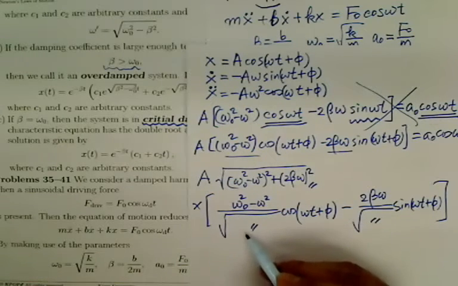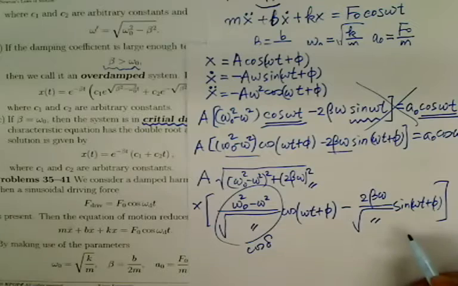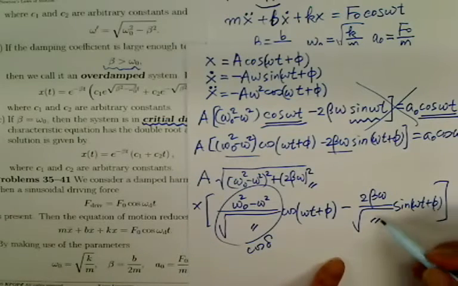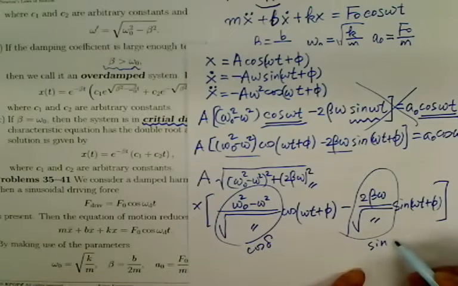And let's say this guy is cosine delta, and this guy is sine delta.